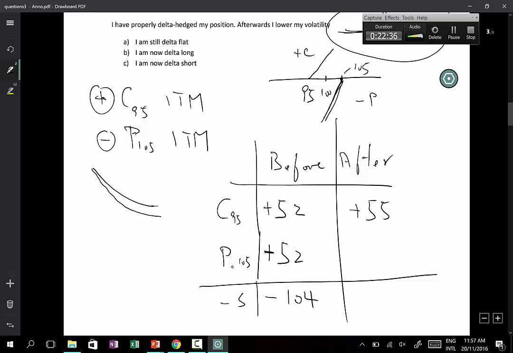Okay, and so will your put delta. It will be like minus 55. But as I said, because you are short, you got to flip that around. Okay, and your hedge hasn't changed. So this is your hedge, your delta hedge.